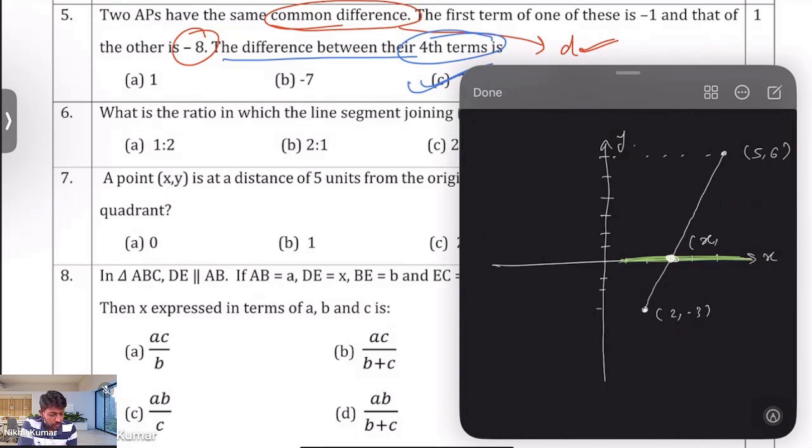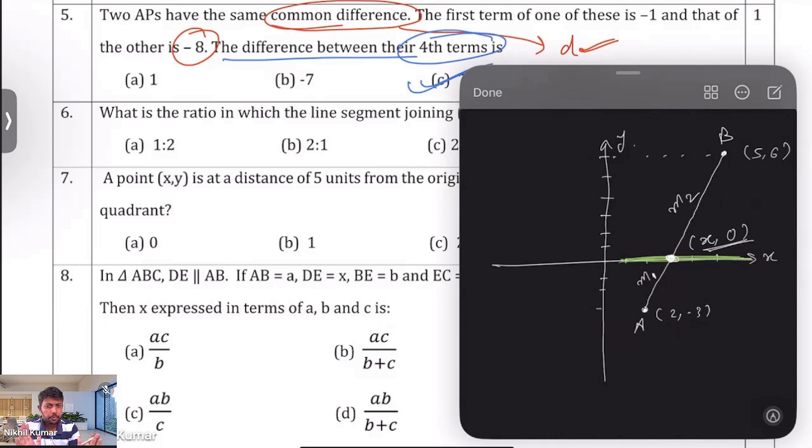But the y coordinate is definitely 0, isn't it? Let's say this point divides it in the ratio m1 is to m2. This point x comma 0 divides the line AB in the ratio m1 is to m2.